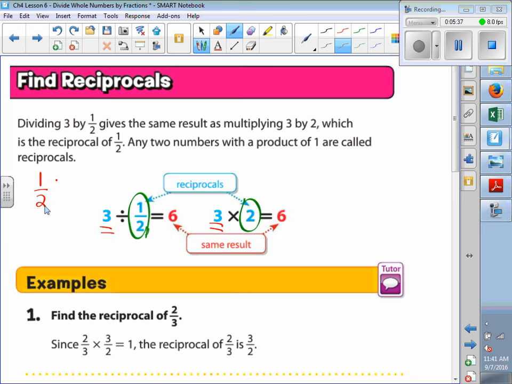If I look at the other example, if I take 3 and then multiply it by 2, or 2 over 1, right? I'm going to get 6. Does everybody see that? So here, 1/2 and 2 give you the same results. Those are reciprocals. Got it? All right.